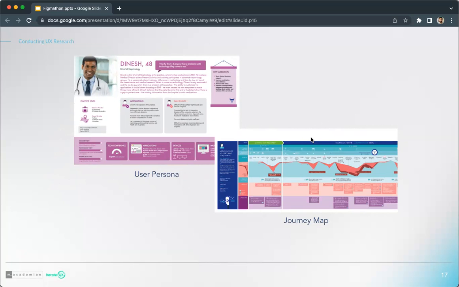We'll dig deeper into these two artifacts, but this is an outcome of your research. And there are multiple ways you can create an outcome of your research. Sometimes it could also just be a detailed report of your research.